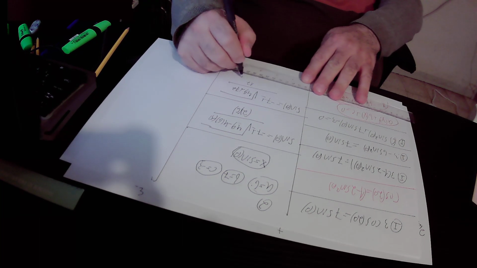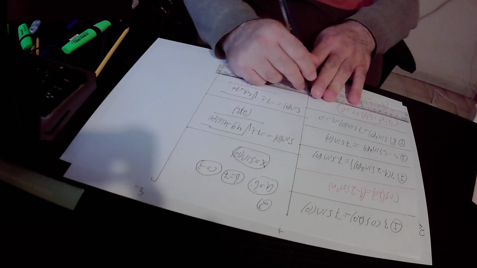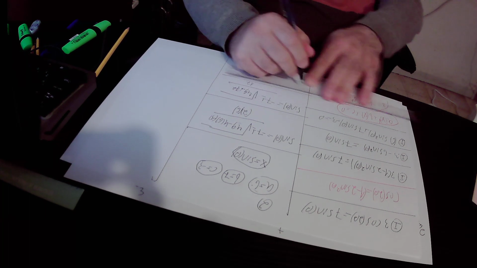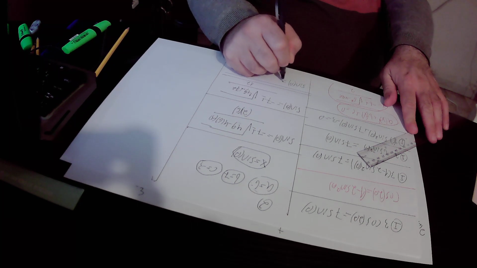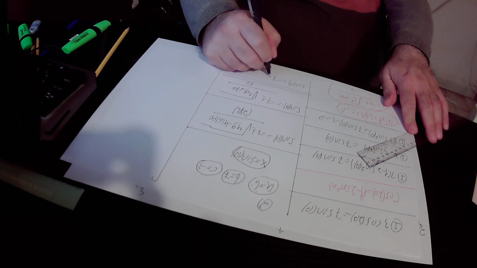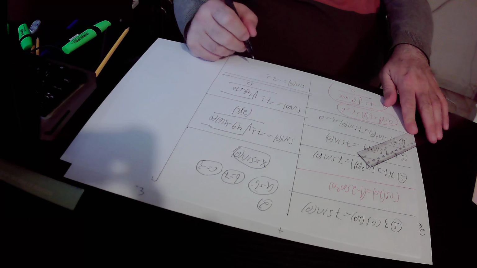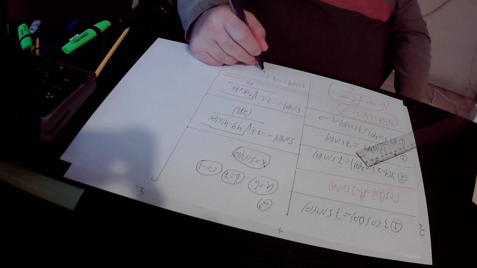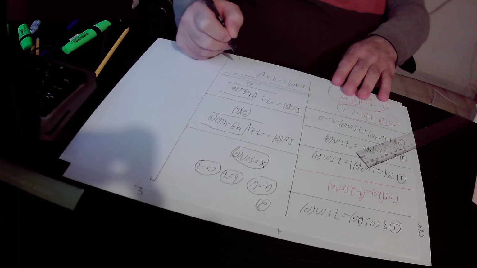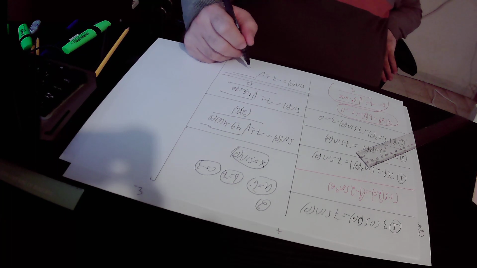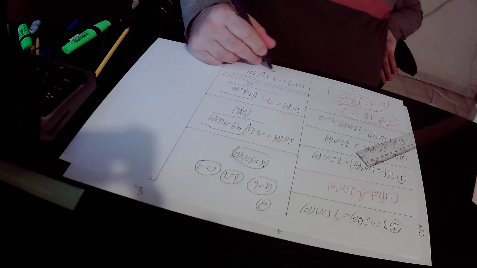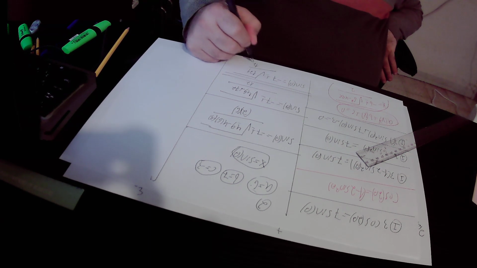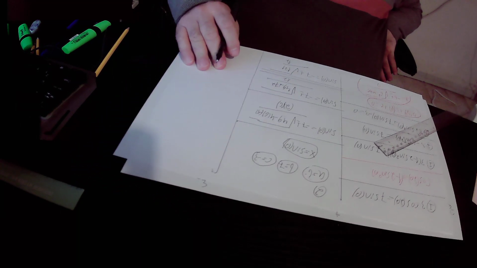So in conclusion, we found out that sine theta is equal to minus 7 plus minus square root of 49 plus 72 is 121, divided by 12. And the square root of 121 is 11.